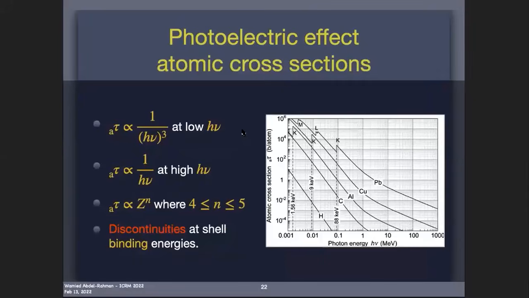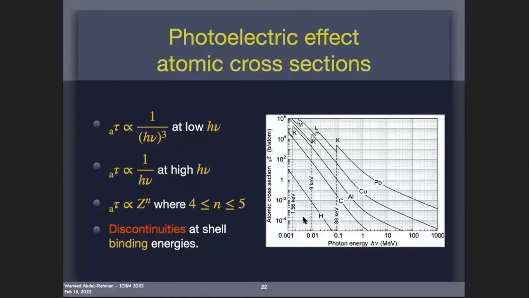The cross-section, or the probability of this interaction, decreases as a function of energy. At low energies, the decrease is proportional to the photon energy to the power 3, but at higher photon energies it still decreases, but as a function of 1 over the photon energy.